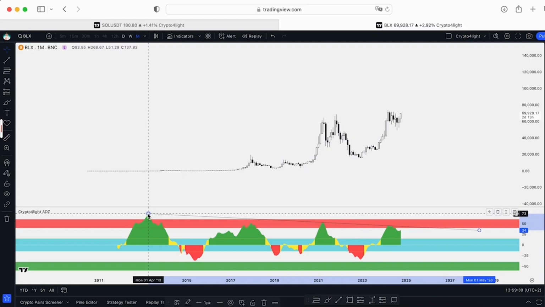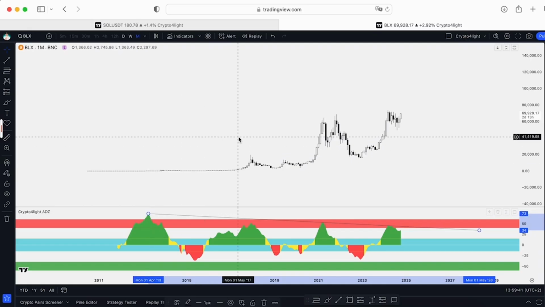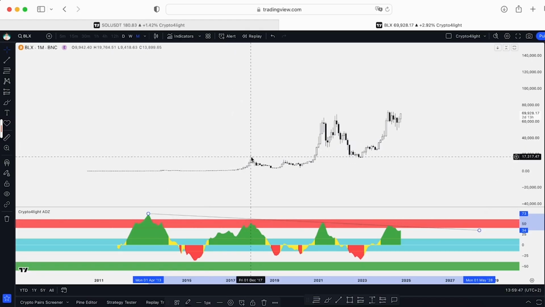The price was $268. Then we formed a lower high on ADZ, but a higher high on the chart. It was like 19K 764. Then we formed another high on the chart like 61K, and here was another new all-time high like 73K 700.